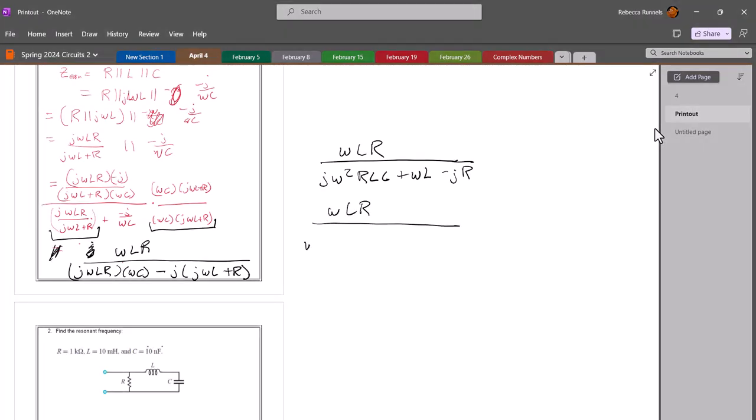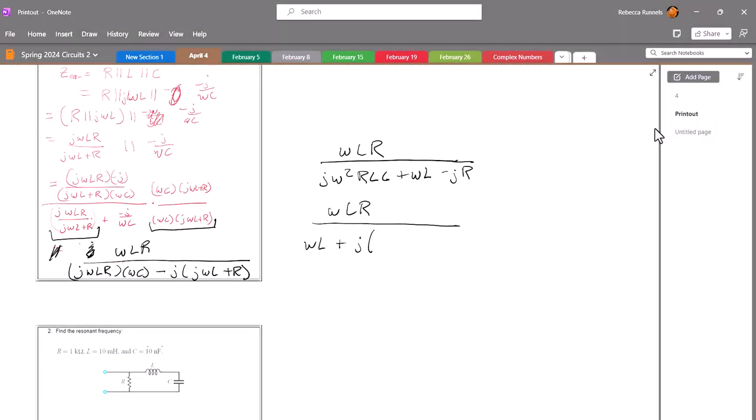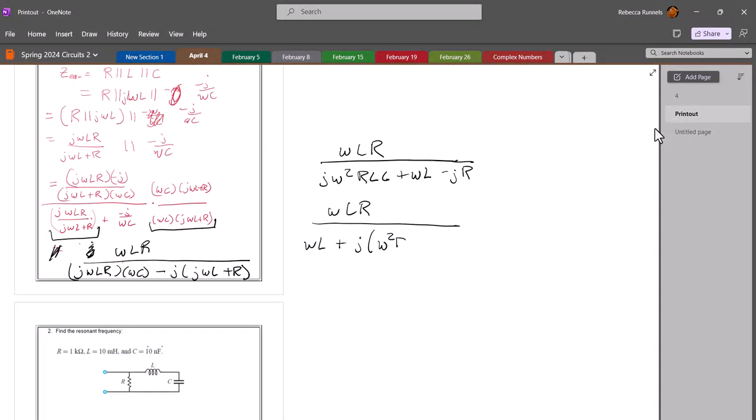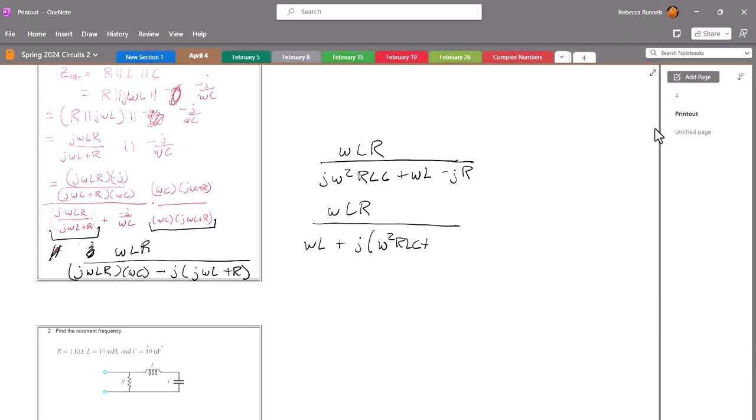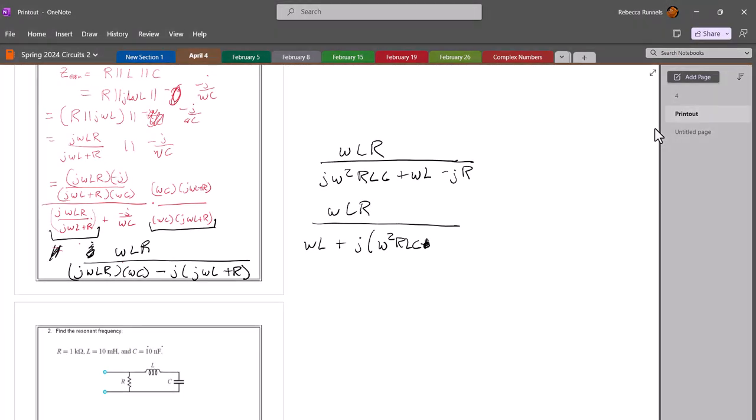The real part is omega L, plus the imaginary part is j times omega squared R L C minus R.